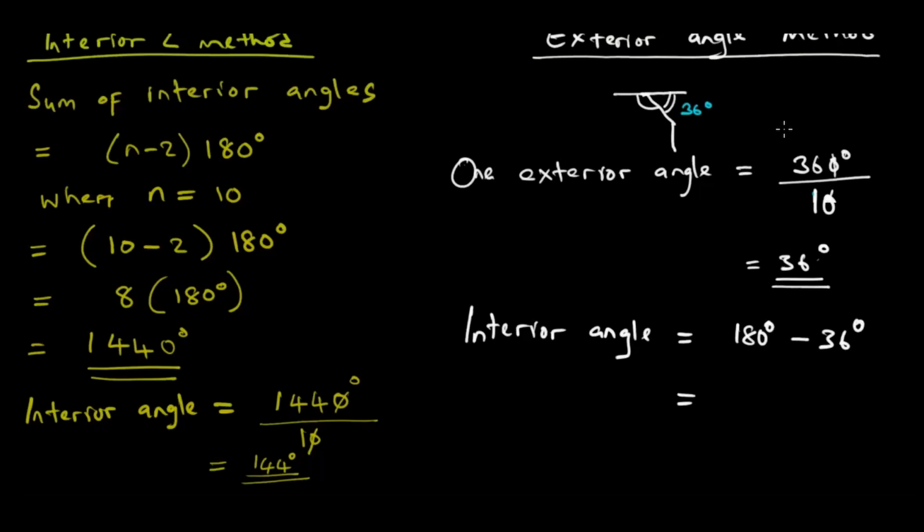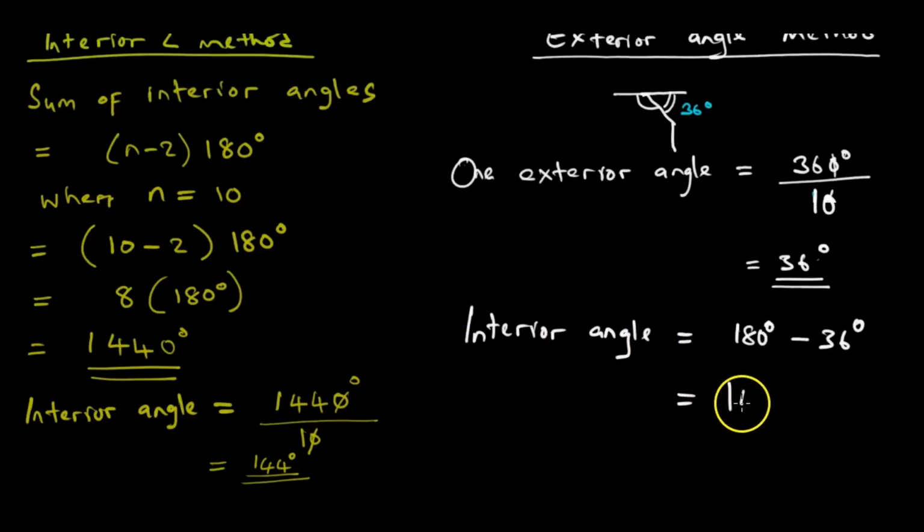So kana tapiwa an interior angle, we can use that kwa exterior. Kana tapiwa an exterior, we can use that kwa an interior using the relationship of 180 degrees. So if we say 180 subtract 36, we get 144 degrees.